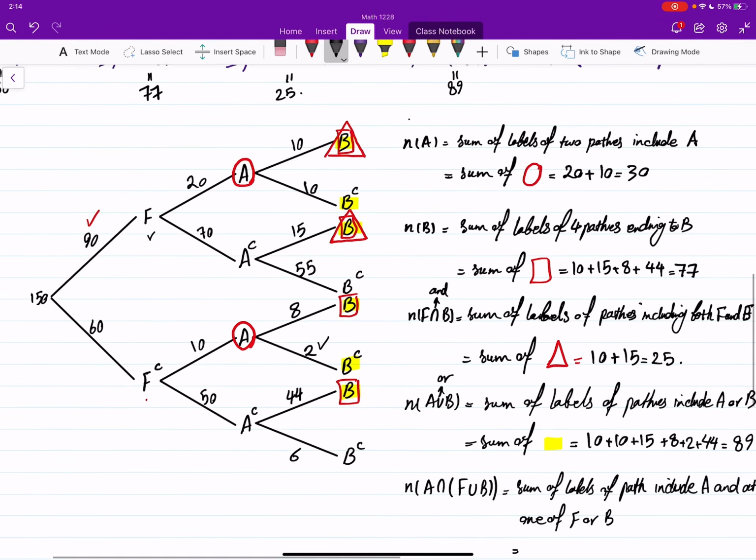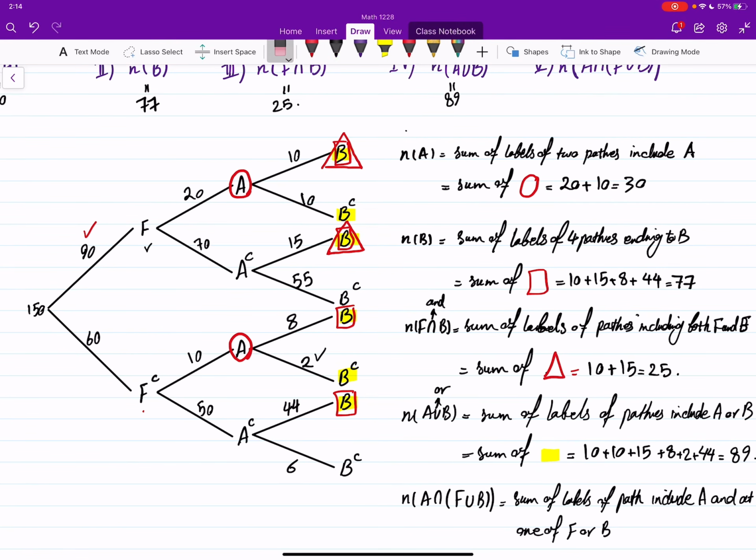I will star them this time. So it must have A and B here, so I am using this star. This one has A, it has F and A, so that is also included. You see F is here, A is there, so it must be included. Down here, it doesn't include A, so we should not consider that.